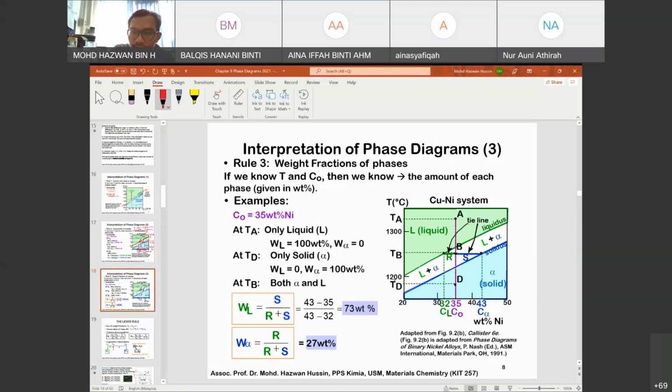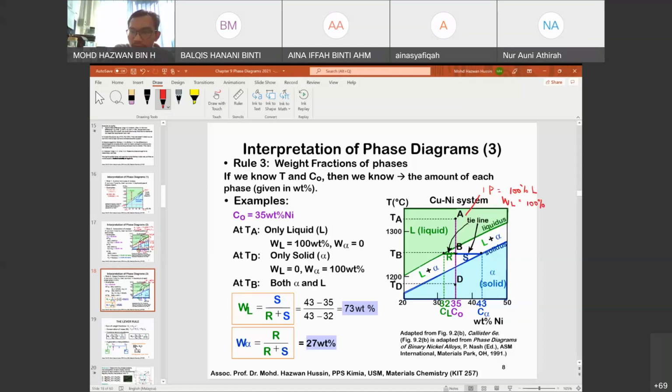At point A, as I said, you will have 100% liquid, meaning you only have one phase. So W liquid, the weight fraction of liquid, is equal to 100%. You have 0% solid because everything inside here is liquid.